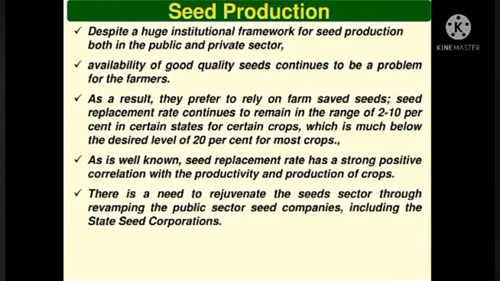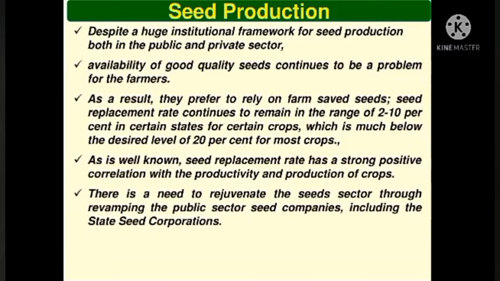First, despite a huge institutional framework for seed production both in the public and private sector, availability of good quality seeds continues to be a problem for the farmers. As a result, they prefer to rely on farm saved seeds.